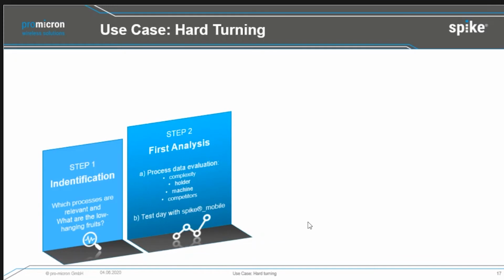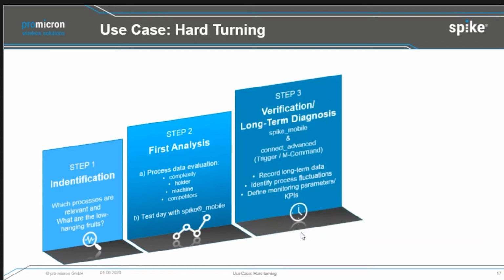Step 2, first analysis, process and data evaluation. Complexity of the process, which shoulder, which machine, are there any competitors on the market that could provide a similar solution for a better price? Might also be the case. And of course, a test day with Spike to gather data.